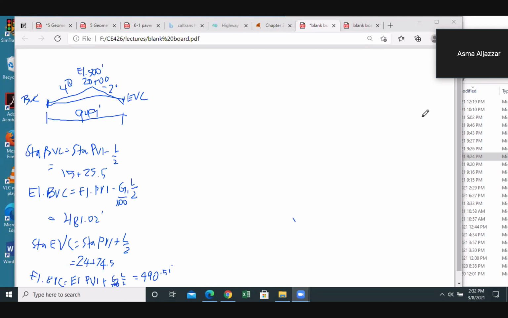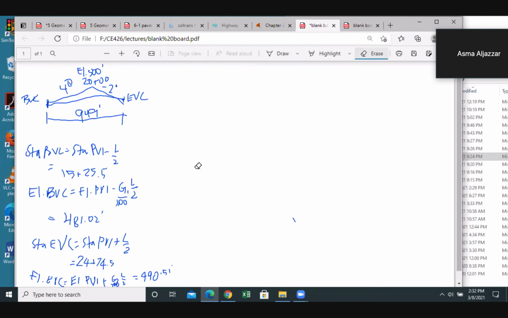Professor, I have a question about the elevation of EVC. The value that I got was, for G, do we do it as negative or do we still have it as positive? Because when I did it, I input it as positive, and I got 509.49. So it should be lower, right?